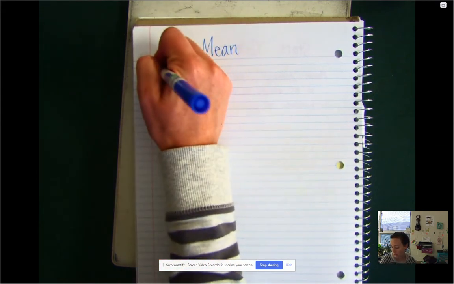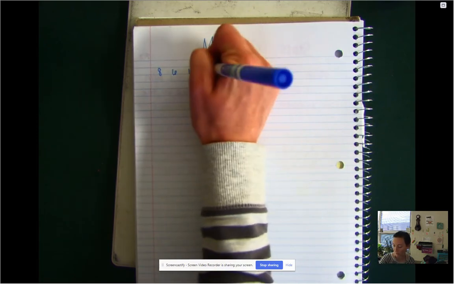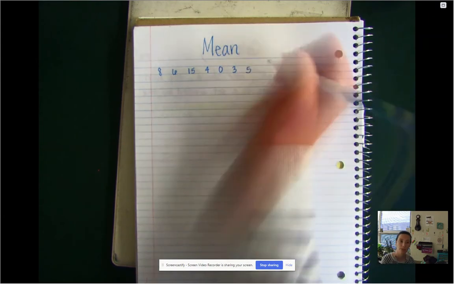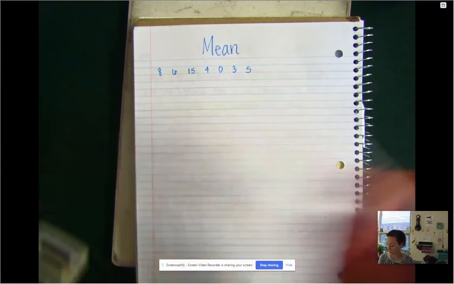And somebody says, I have $8, I have $6, I have $15, I have $4, I have $0, I have $3, I have $5. And we decide, because we're all good friends, we don't want anybody to be left out, that we will just pool the money and distribute it equally to the 7 people.